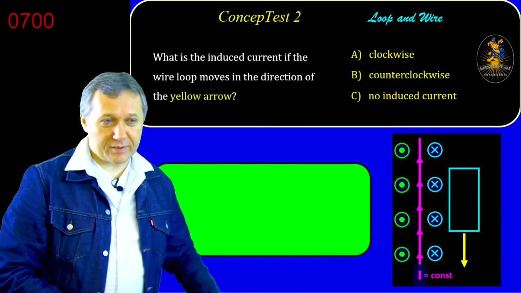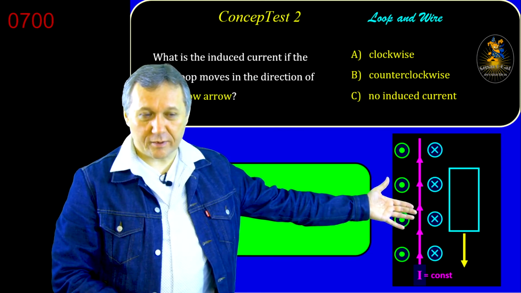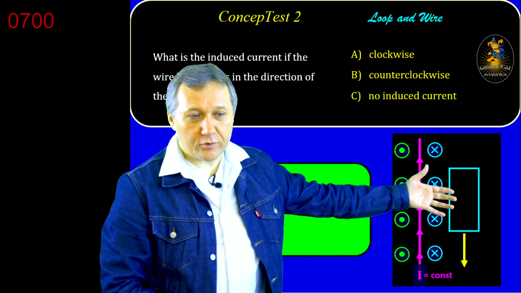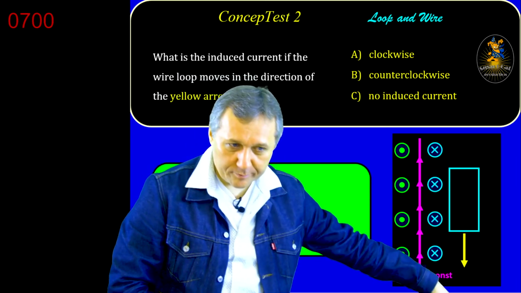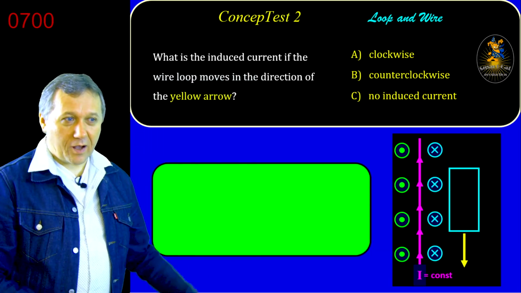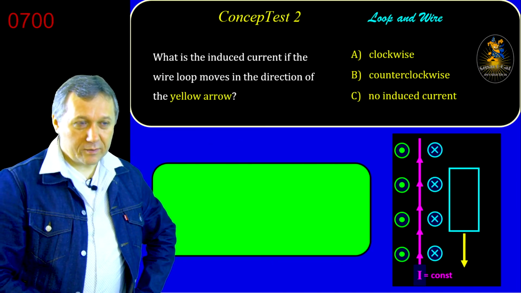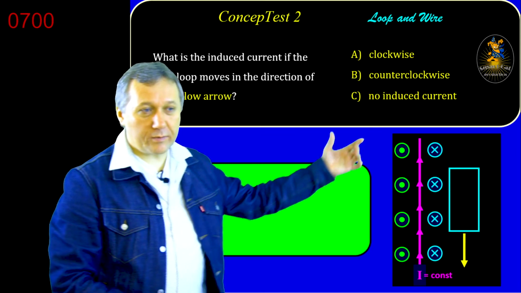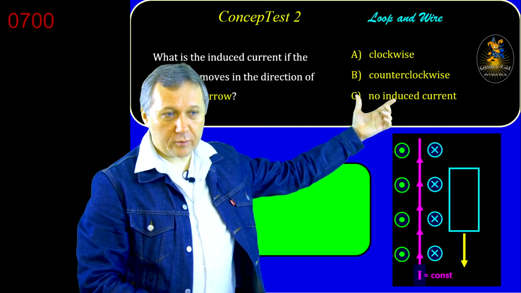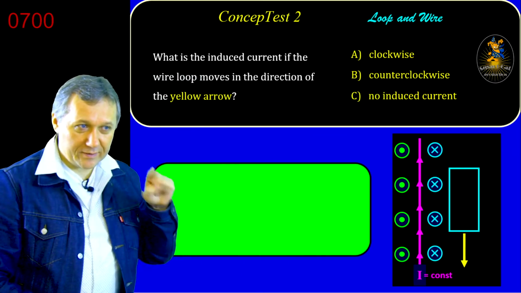They represent external magnetic field. And you see the loop, rectangular loop. And now we just drag that loop down. So the same question, are we going to produce any induced current? And if yes, then what's the direction? Option A clockwise, B counterclockwise, and option C, no induced current. Give it a try.